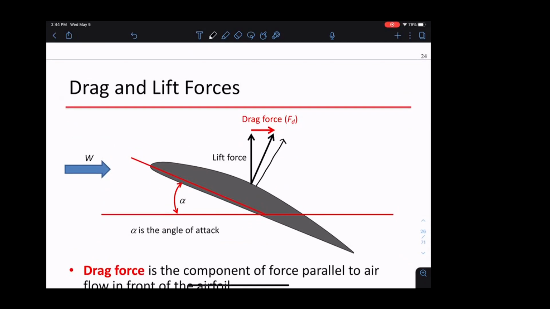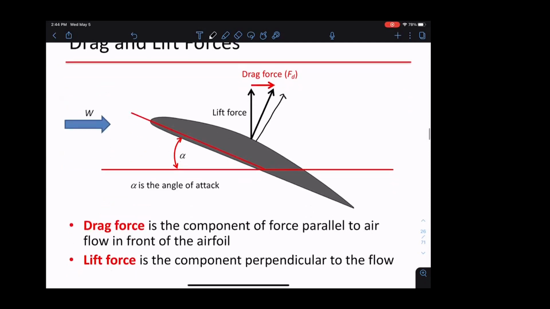Then only part of the force is useful for us. That's the lift. The other part is the drag, and drag is not very useful for a wind turbine. Since we're turning this axis, a drag force doesn't generate power.